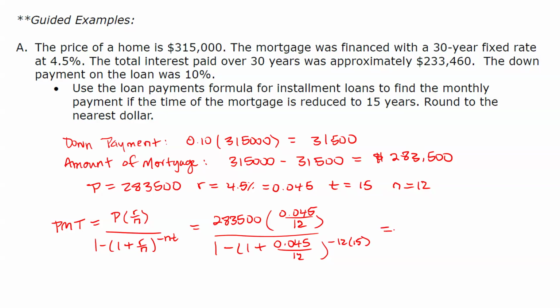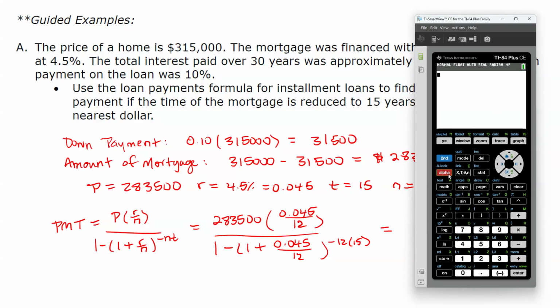Let's do that. Alpha variable, 283500 times 0.045 divided by 12.